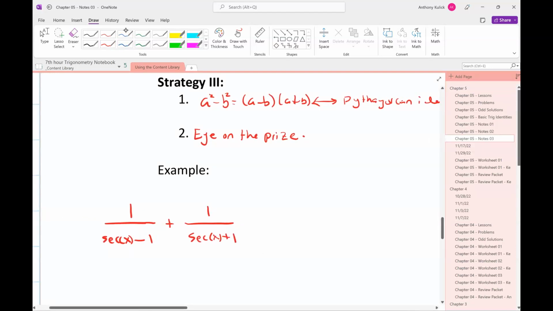Great. What's the common denominator going to be between 1 over secant x minus 1 and 1 over secant x plus 1?